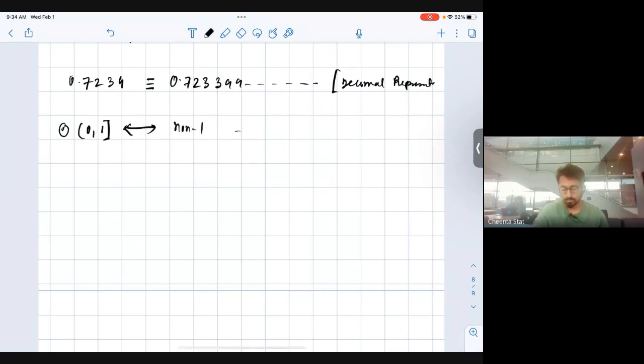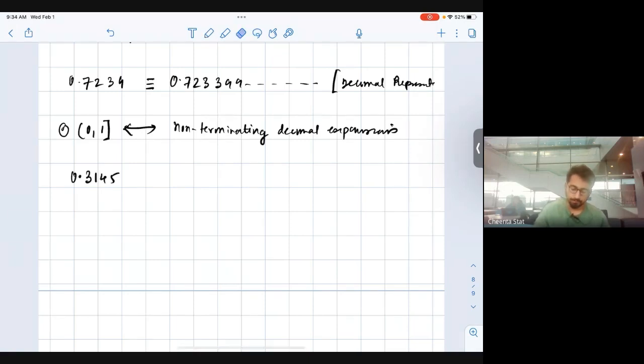Non-terminating, that is, not terminating to zeros, decimal expansion. For example, 0.314 like sequence.